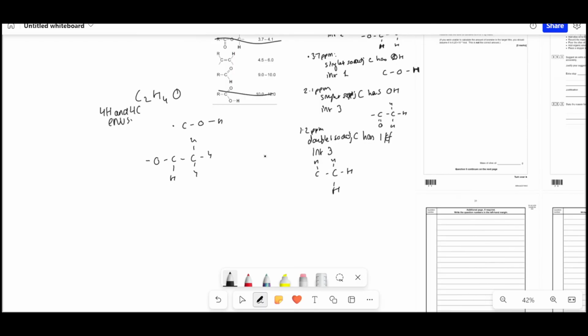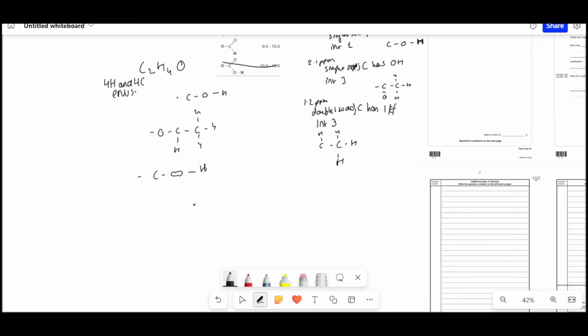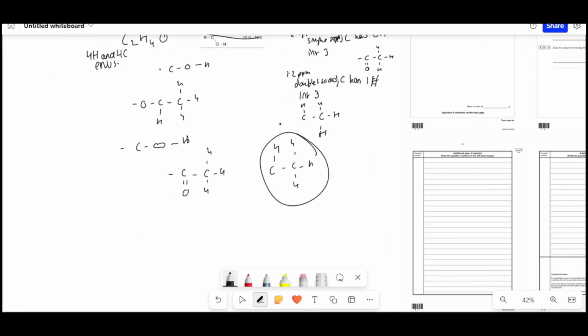We know that another puzzle piece is going to be a C, O, and an H like that. And then we know another piece of the puzzle is going to be this C double bond O and a CH3 like this. And then another piece we know is going to be CHCH3 like that.